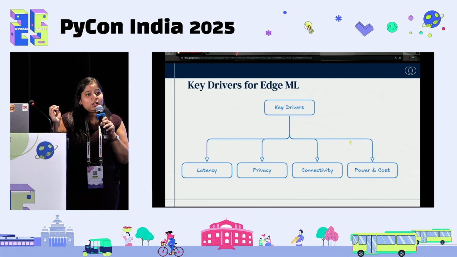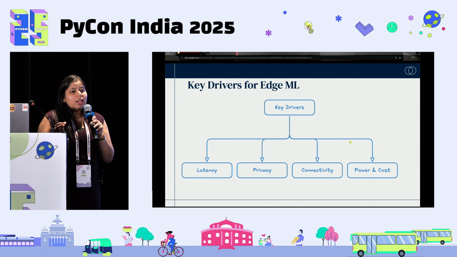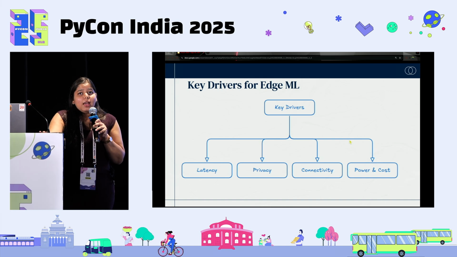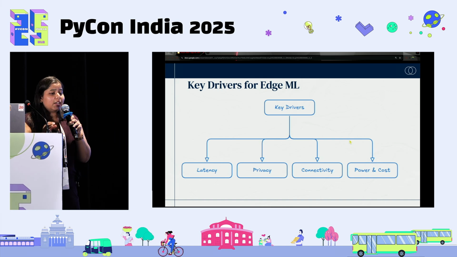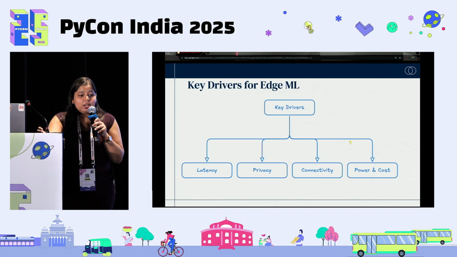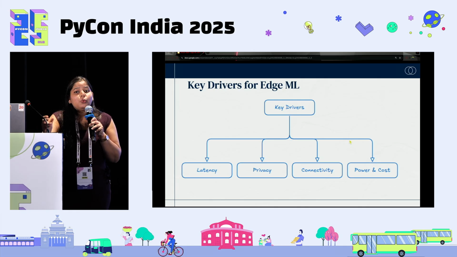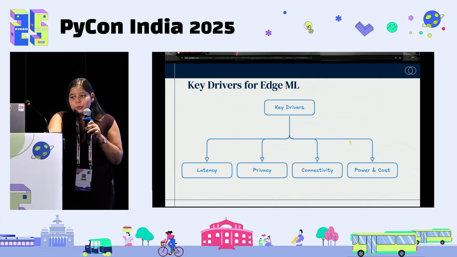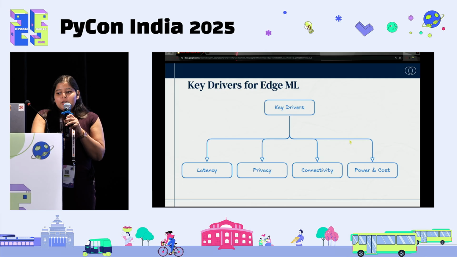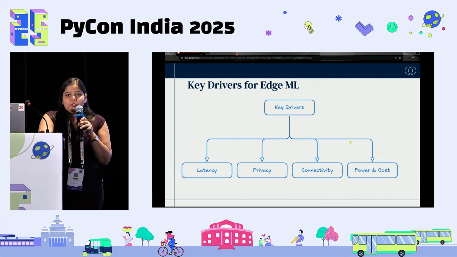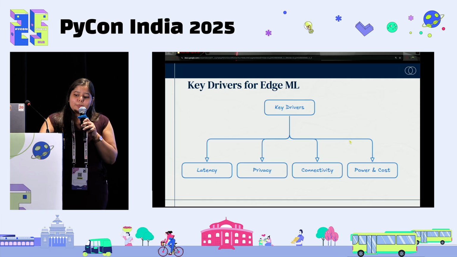Edge ML can be used in remote areas and during network failures also, so it can work offline without internet. The last one is power and cost efficiency. We don't need to constantly stream data, so devices last longer on battery and we save money on bandwidth.